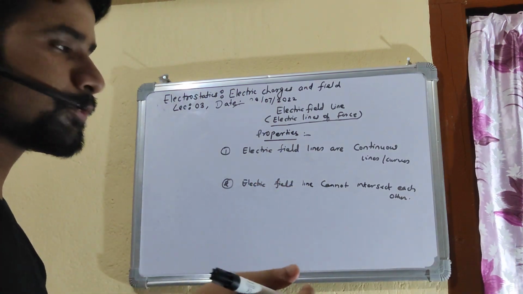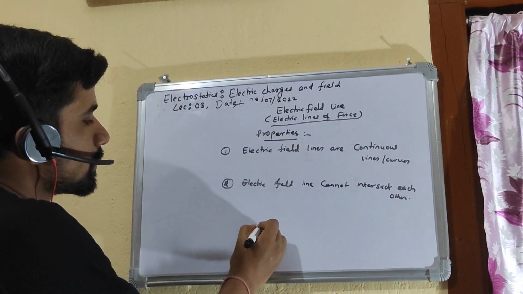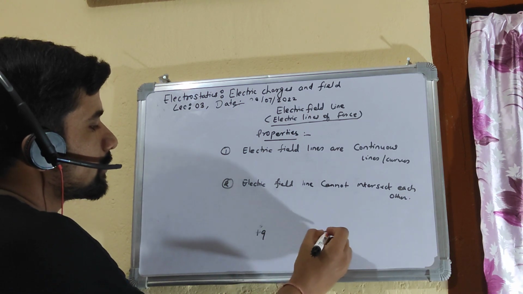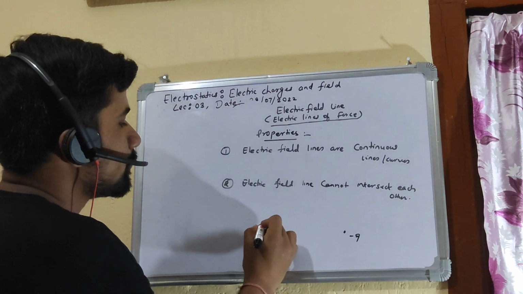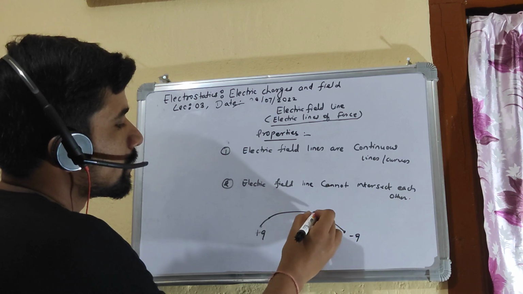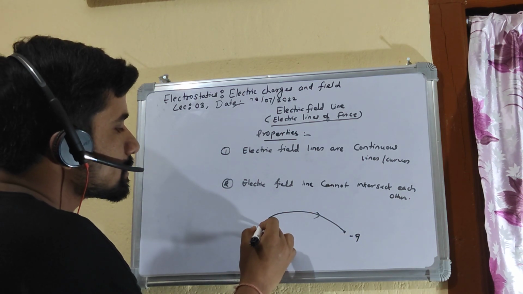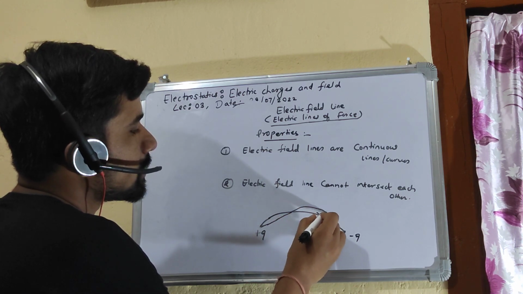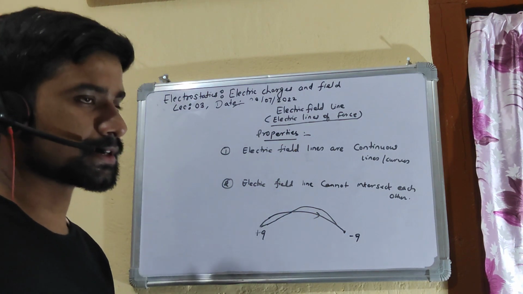Electric field line cannot intersect each other. But let's say what happens if it intersects, right? And why it can't intersect? So let's say we have a plus q, right? And we have a minus q. So field will come here and go here, right? And let's say there is one more point where this field intersects, and this is the point of intersection.